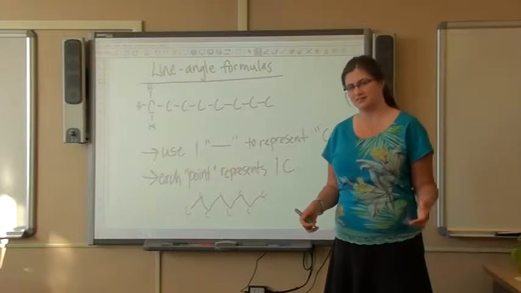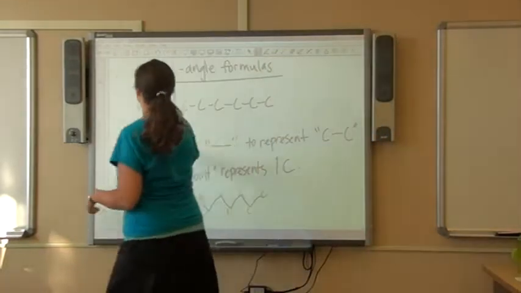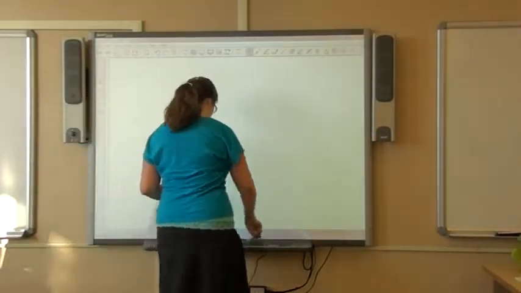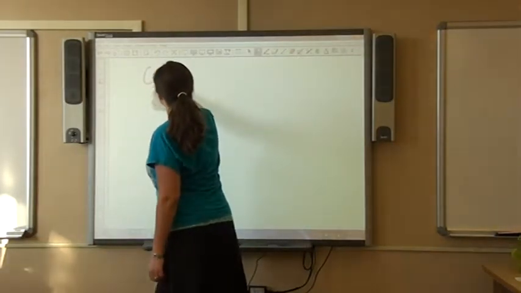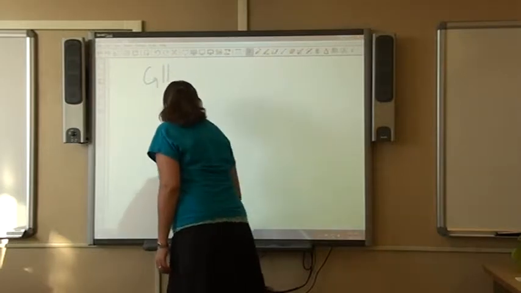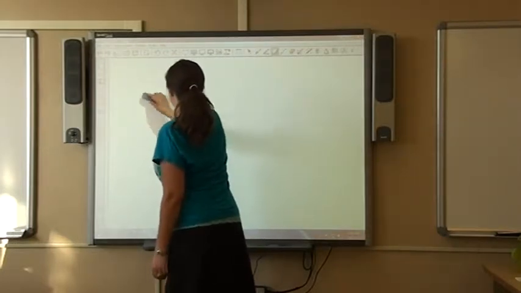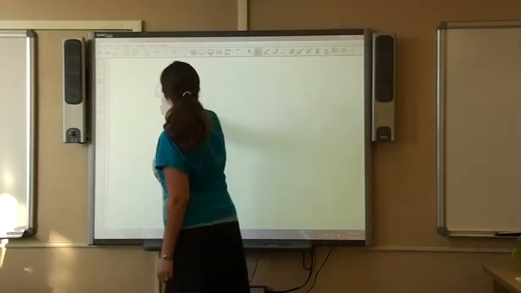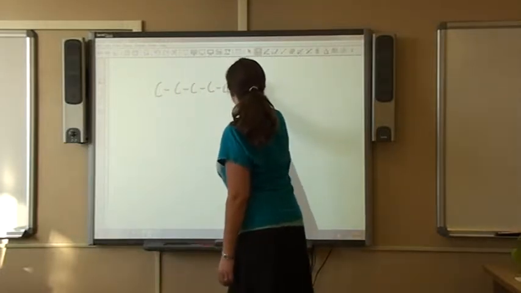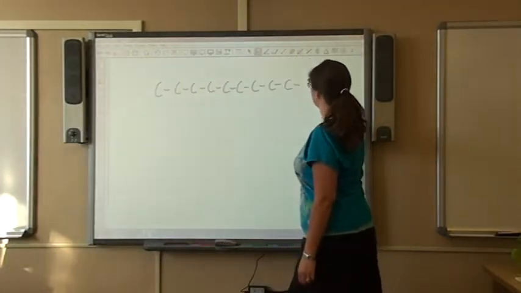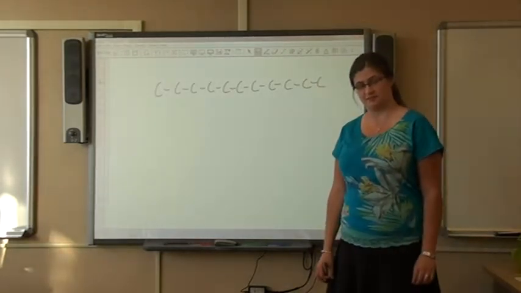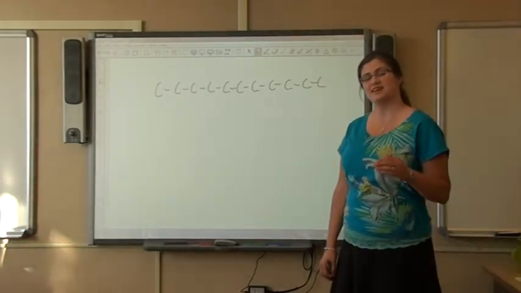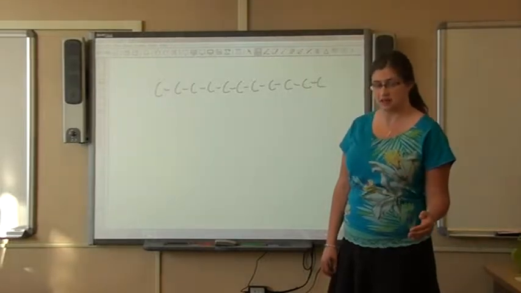Are you confused? Let's do some examples. This is 11 carbons in a chain. So we need to make a line angle formula that has only 10 lines.